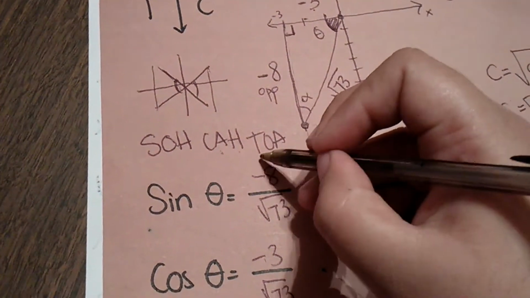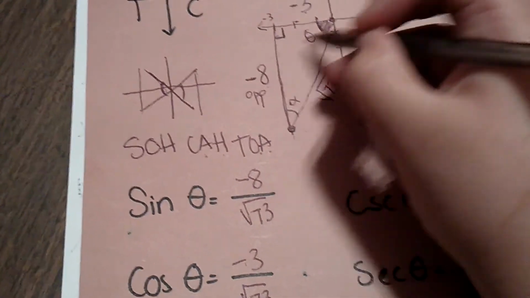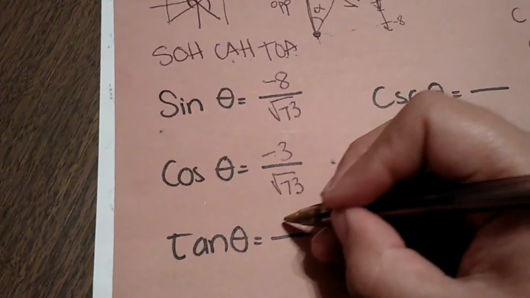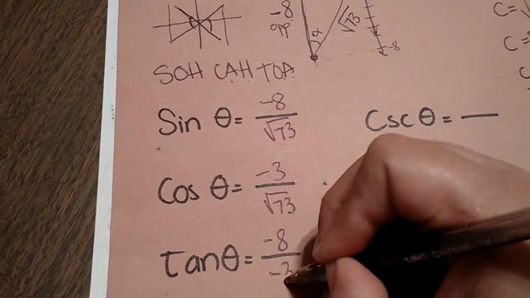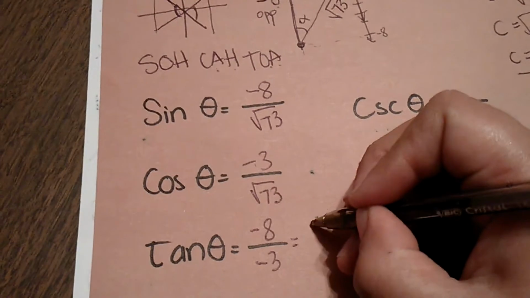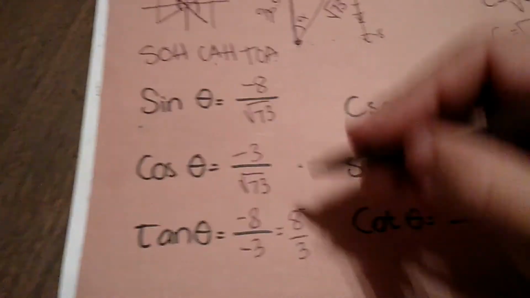Then toa means tangent, opposite over adjacent. Opposite equals minus 8 divided by minus 3. And minus 8 divided by minus 3 is positive 8/3.